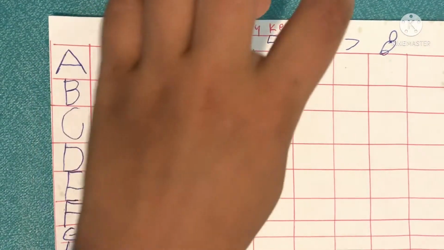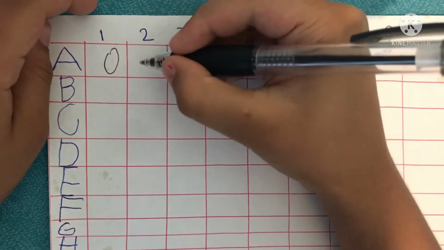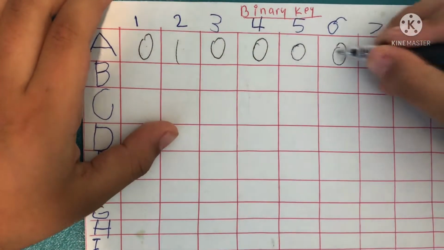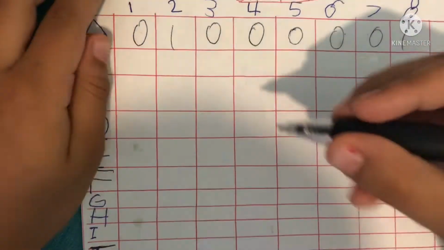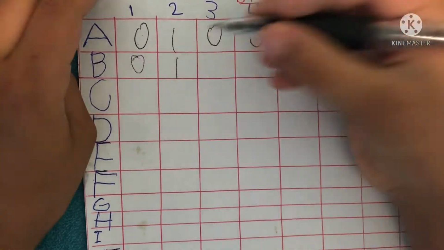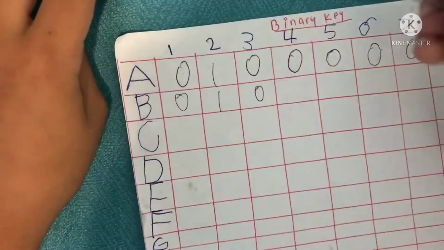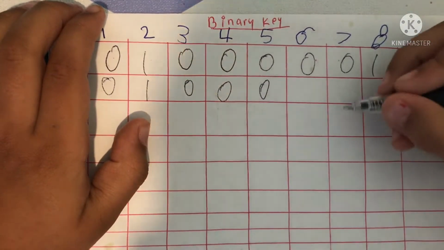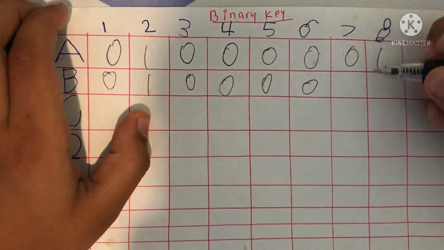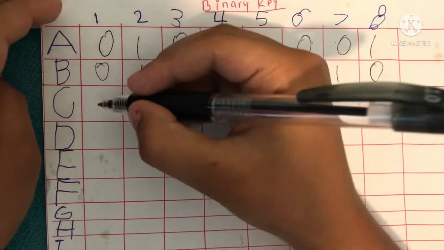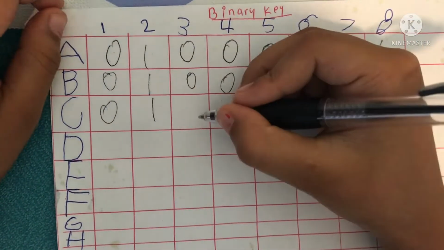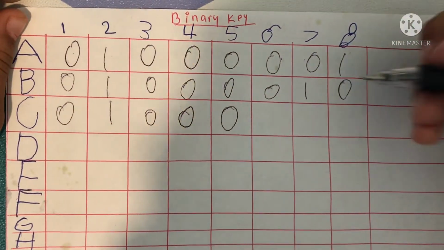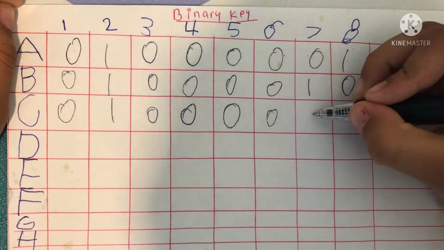Guys, now let's do binary key. 0, 1, 0, 0, 0, 0, 0, 1, 0, 1, 0, 0, 0, 0, 1, 0, 0, 1, 0, 0, 0, 1, 1.